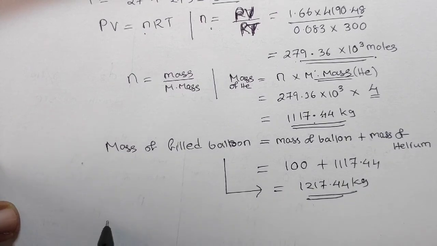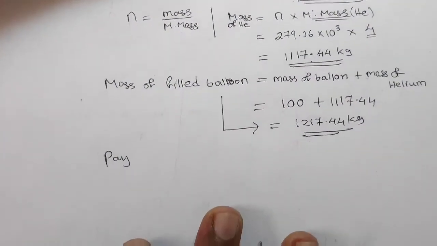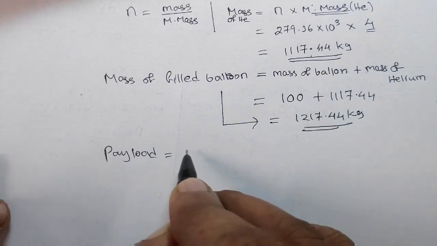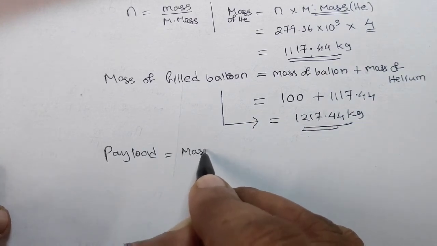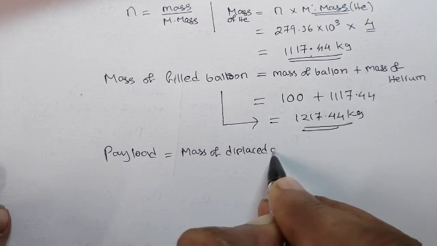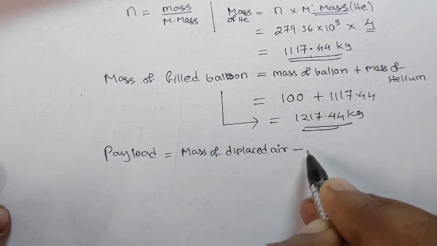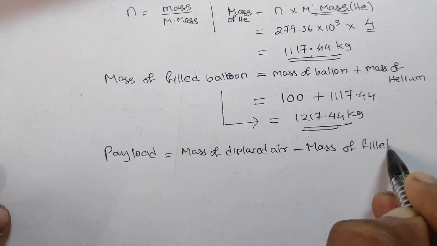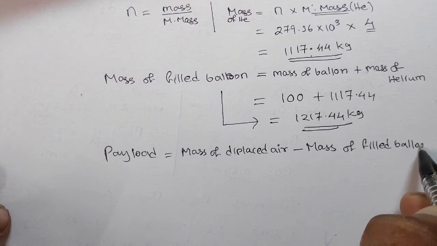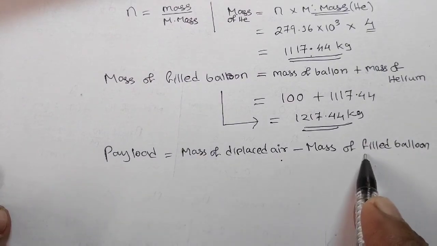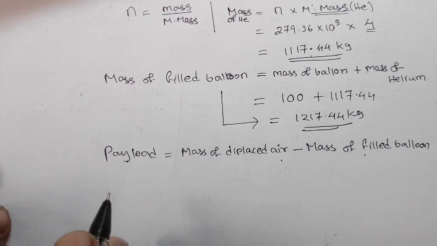Now what is the payload? We have seen in the question that payload is equal to the difference between the mass of displaced air minus the mass of filled balloon. Clear? So mass of displaced air minus mass of filled balloon is equal to the payload given in your question.